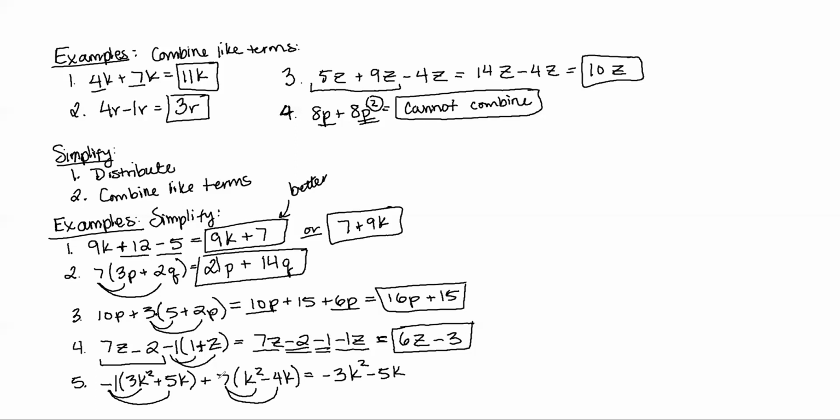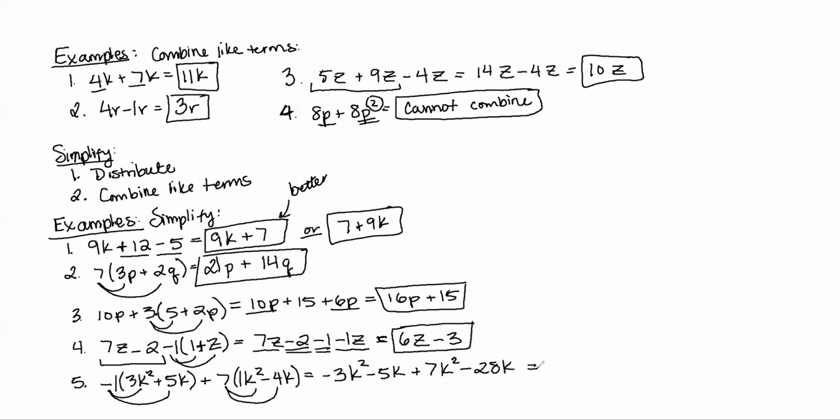So if we look at 7, 7's a positive. 7 times k squared, or 7 times 1k squared, is positive, so plus 7k squared. You should always be adding and subtracting all of these. And then 7 times negative 4 is negative 28k. So again, positive 7, negative 4 gives us a negative 28k. So just be careful on those signs.